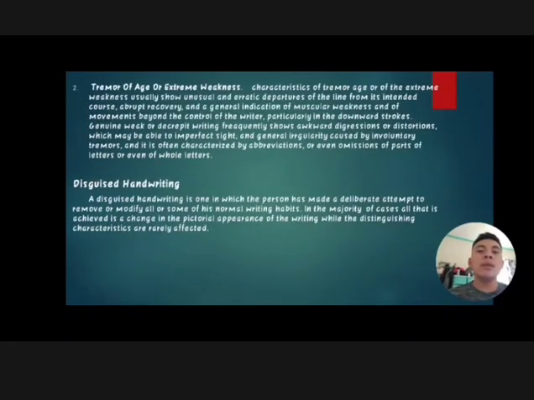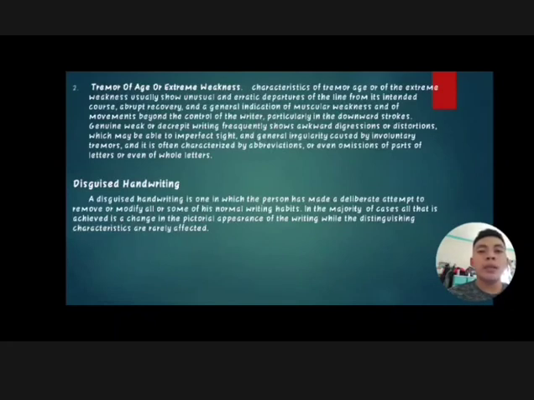2. Tremor of age or extreme weakness. Characteristics of tremor of age or of extreme weakness usually show unusual and erratic departures of the line from its intended course, abrupt recovery, and a general indication of muscular weakness and of movements beyond the control of the writer, particularly in the downward strokes.